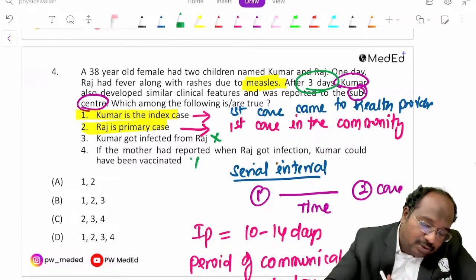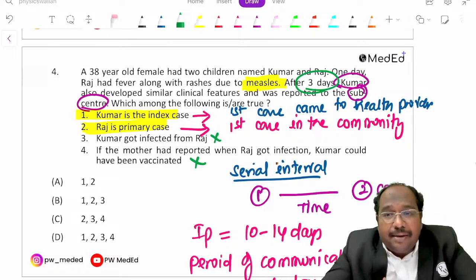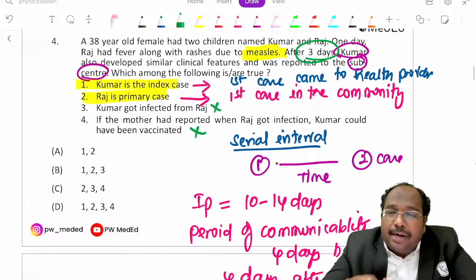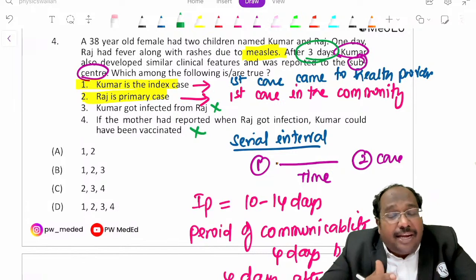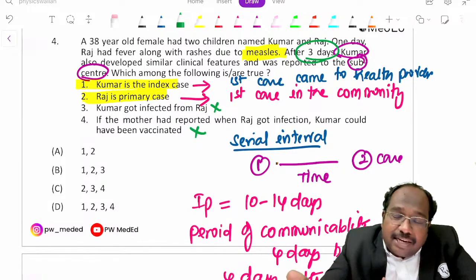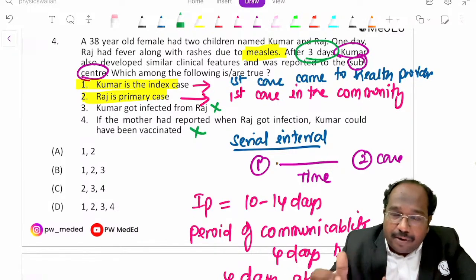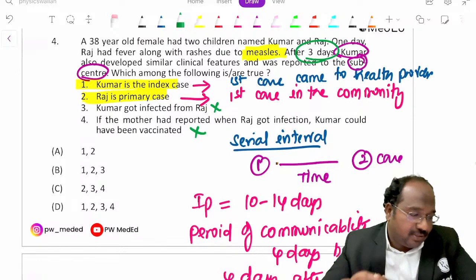This statement is also wrong. So Kumar does not get infection from Raj because the incubation period is 10 to 14 days.